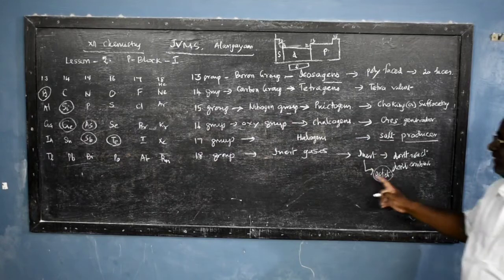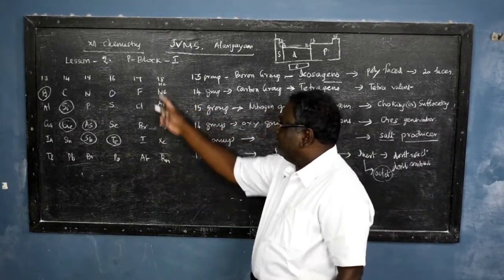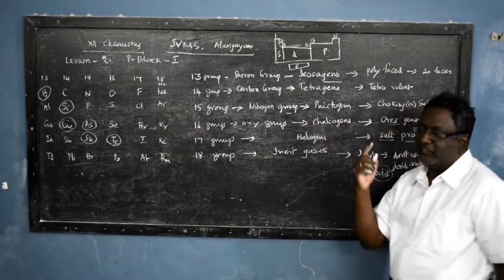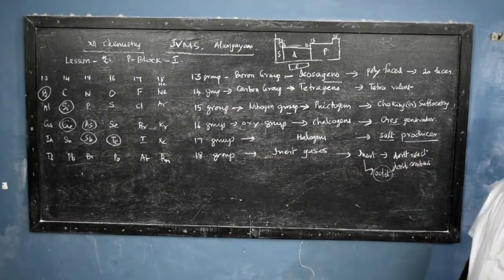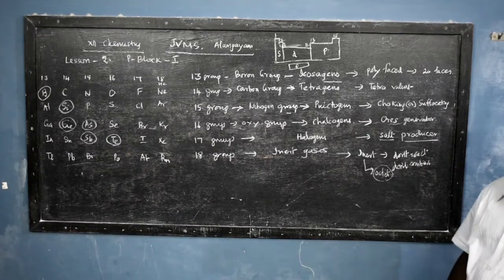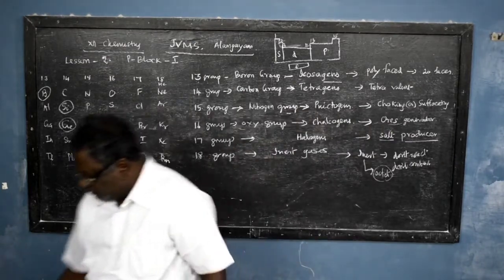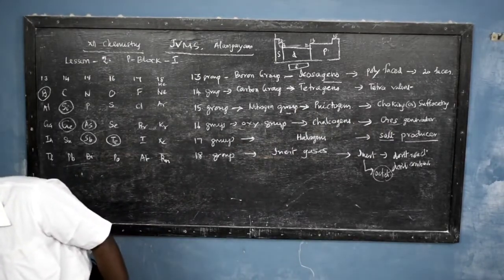Because of that, these gases, helium, neon, argon, krypton, xenon, radon, are called inert gases because they don't react, they don't combine with other elements, because they are already stable, right? So this is the main cause for the elements, okay? So this is how we are studying this lesson.